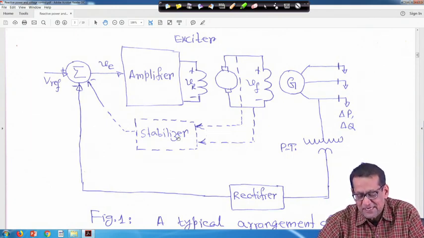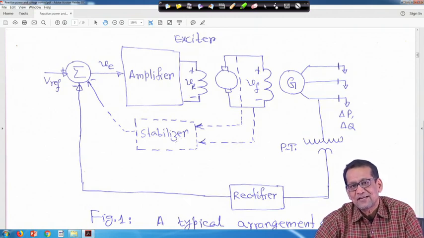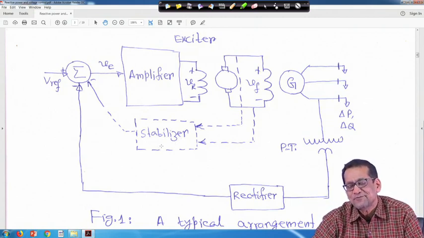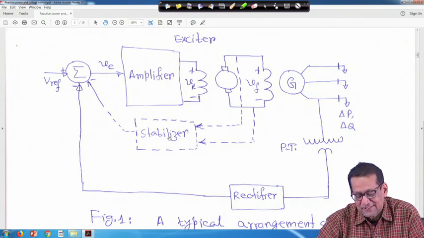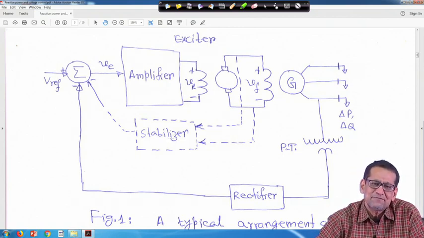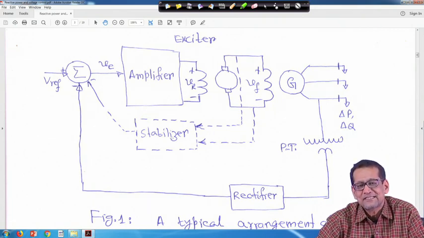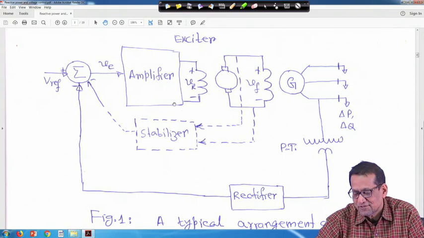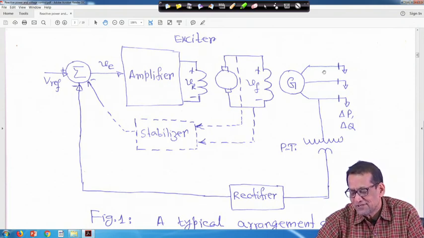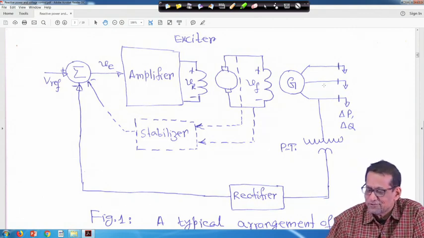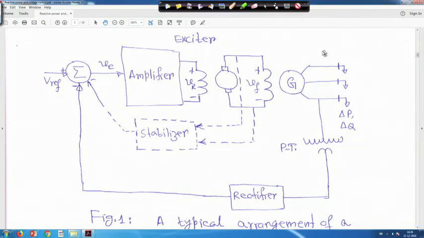The stabilizer is actually a stabilizing transformer. Because time is short, we will assume its transfer function directly. Generally it is a derivative type, that is rate feedback, something like S K divided by 1 plus S T. The terminal voltage here is Vt, and this is the change in power, delta P and delta Q, and this is the potential transformer.